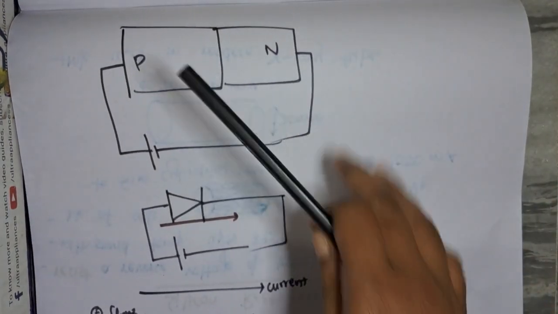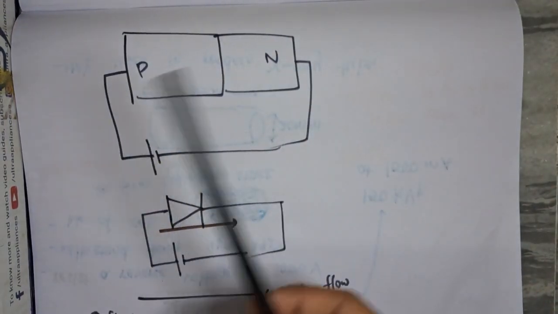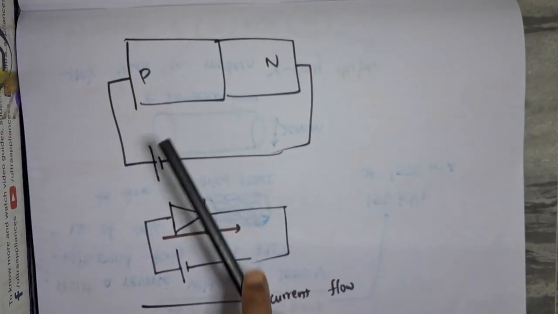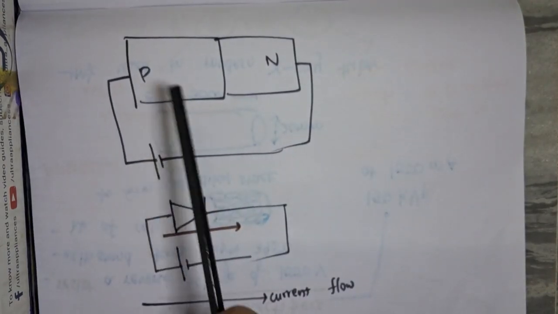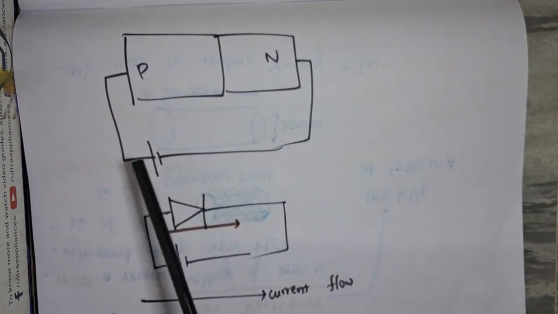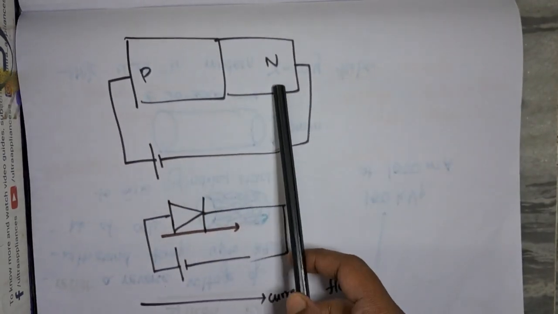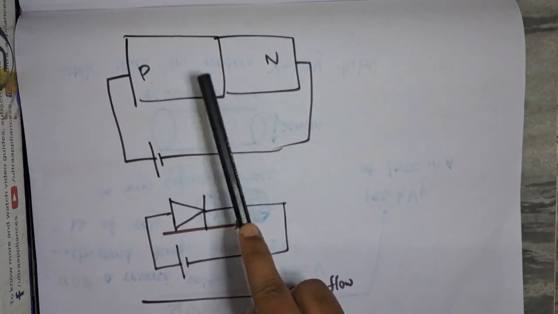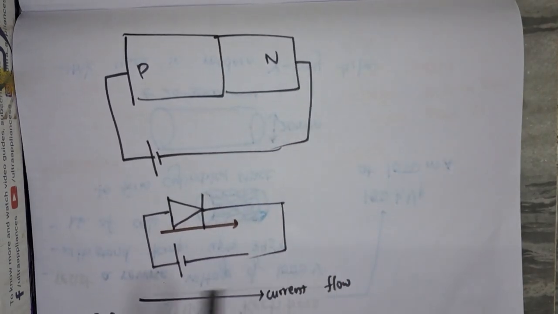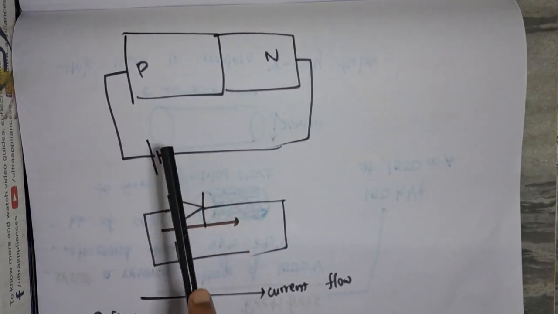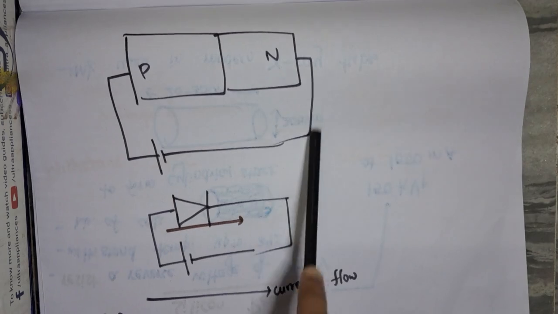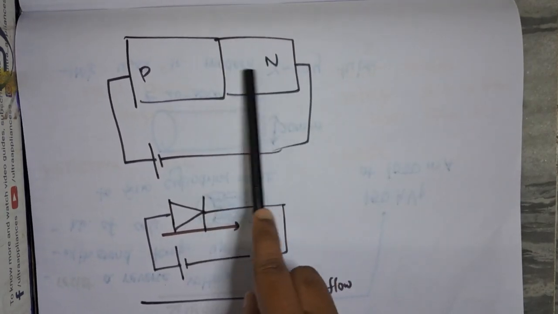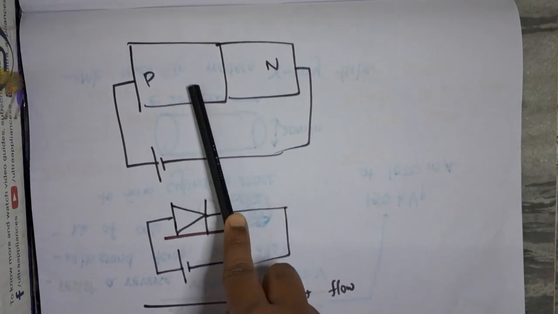Normally in forward bias, which we have learnt in the last class, the positive terminal of a battery is connected to the p-type semiconductor and the negative terminal of the battery is connected to the n-type semiconductor. This allows the flow of electrons from the negative pole of the battery to the n-type, and from n to p the electrons can easily flow.